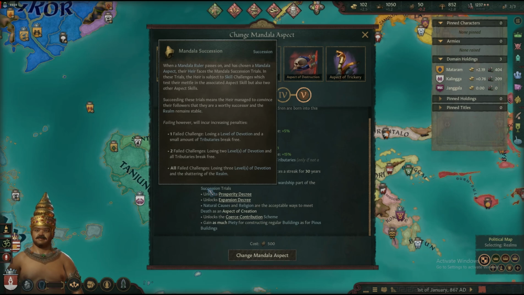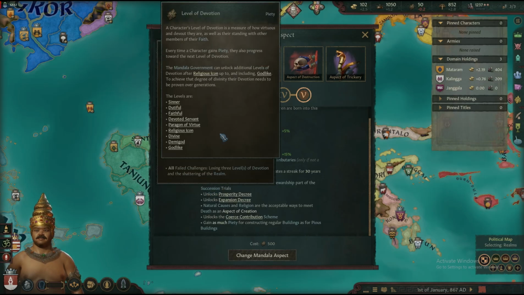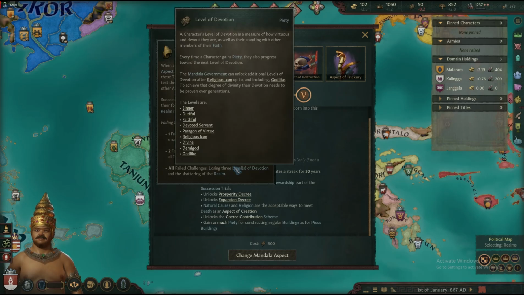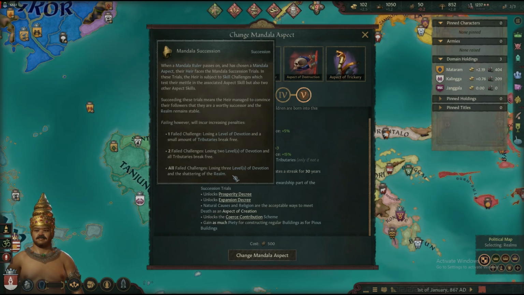Mandala Succession has trials. Basically, yep, right here. Well, if you fail in some of the trials, you gain penalties. So, failing one challenge, you lose a level of devotion, some tributaries leave. 2 challenges, you lose 2 levels of devotion, and all your tributaries leave you. And 3, you lose 3 levels of devotion, and your realm is shattered.